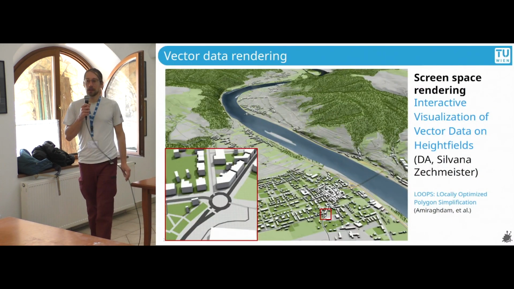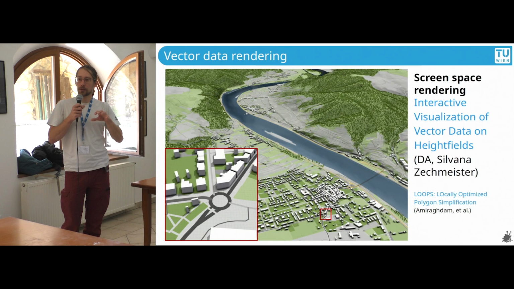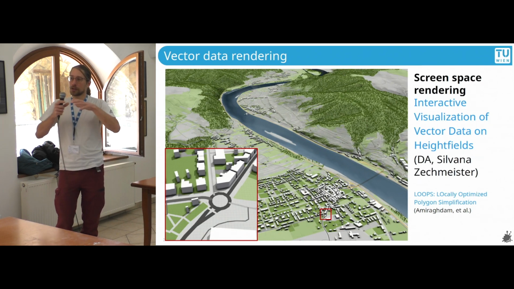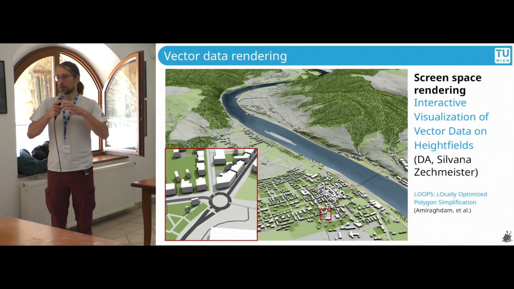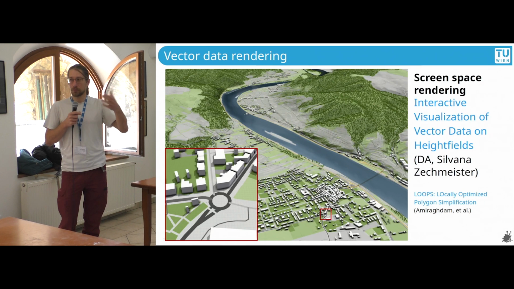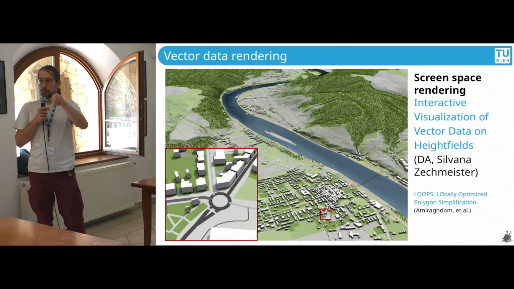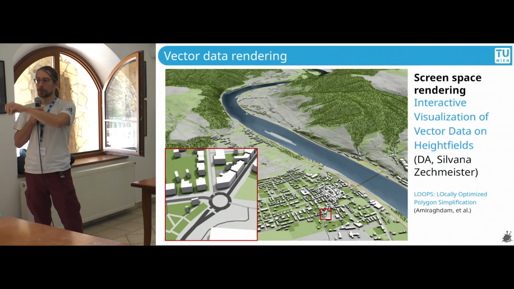The third option is to do screen space rendering. So basically, this works in this way that you store the whole vector data in a huge spatial acceleration structure. And then when you render them, it can be, for instance, in the fragment shader, or it can be in a deferred rendering pass. For each pixel, you compute the position in world space. Then you query this acceleration structure, which geometry is nearby, which vectors are nearby, and then you decide the color of this pixel.